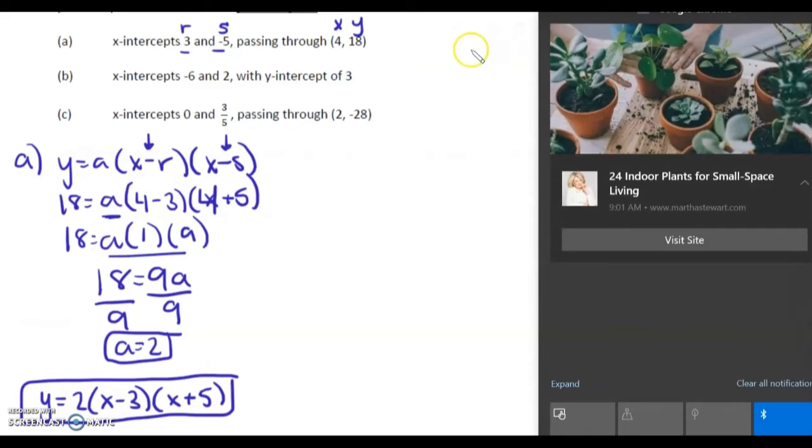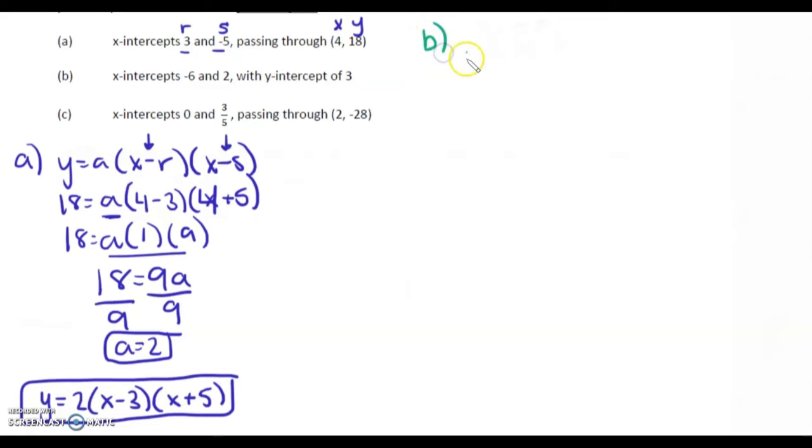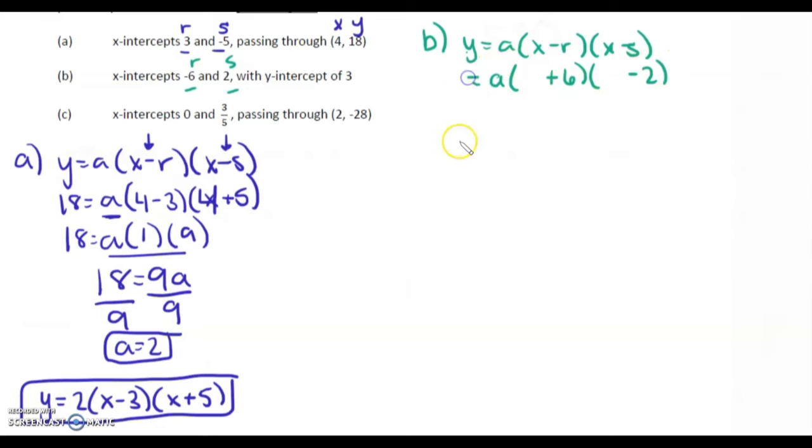All right, for B, the x-intercepts are -6 and 2. So when we sub it into this equation, this is going to be R and S. So it's actually going to turn into plus 6, and then -2. And we're going to sub in the y-intercept of 3. If you're thinking about a y-intercept, this is like a throwback from grade 9. You find that y-intercept by subbing in x equals 0.